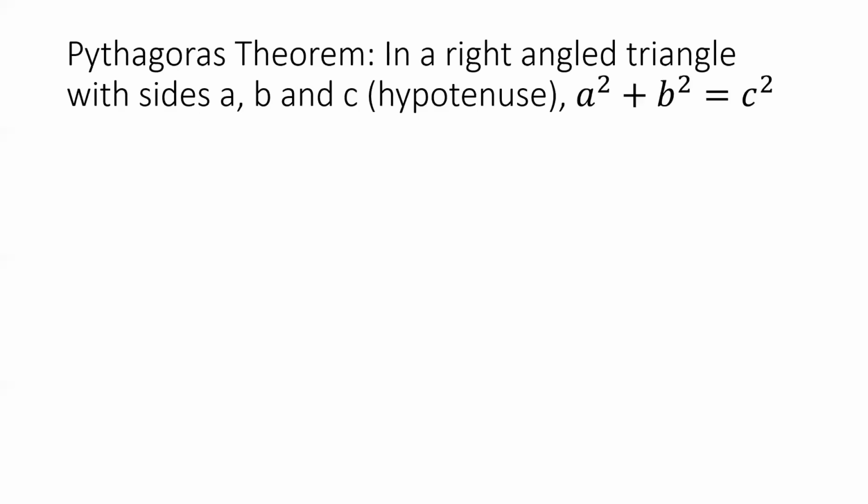videos or other statements of proof of the Pythagoras theorem, and most of the proofs that I came across involved constructions of squares in different ways, taking lengths of the two sides of the triangle, and then completing some squares.